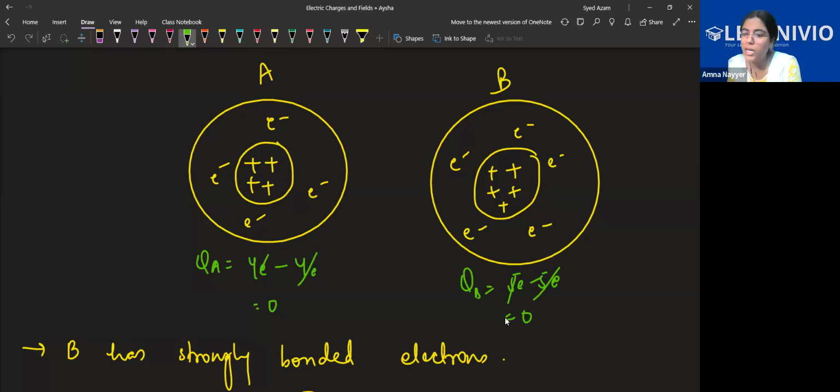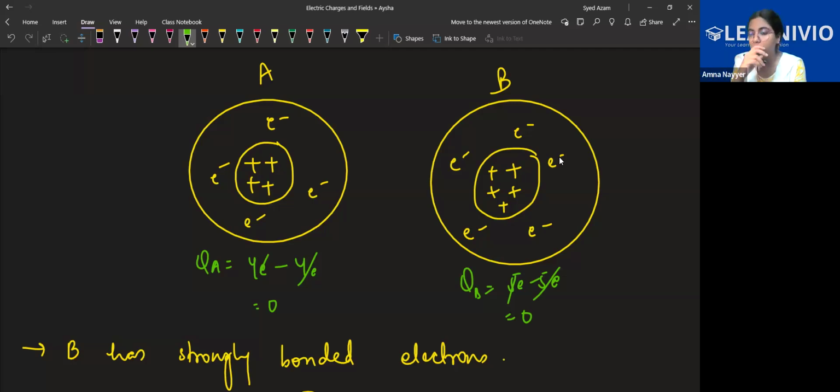Now, if I give you a condition, that B has strongly bonded electrons, tell me, will electrons be easily escapable from A or from B? From A, because B has strongly bonded electrons, so it is holding the electrons tightly.